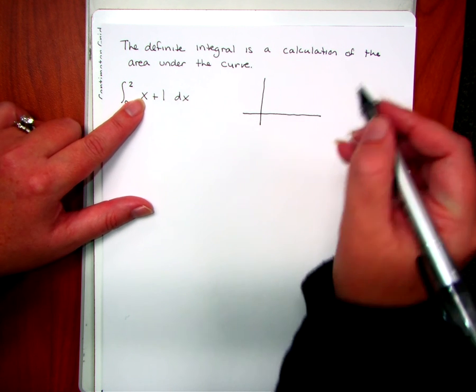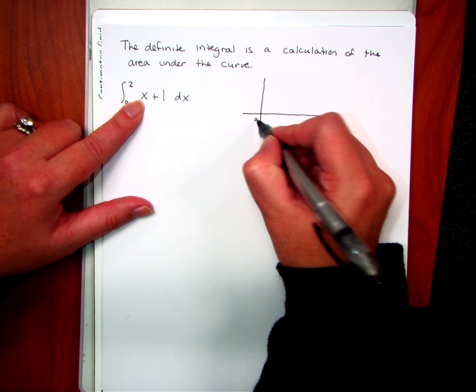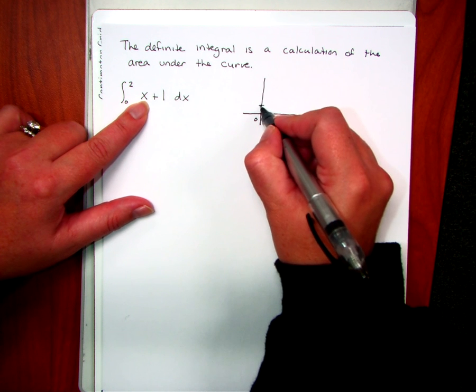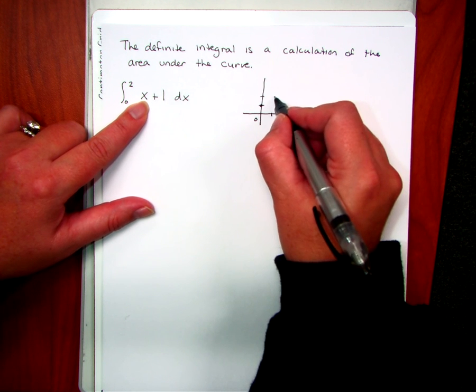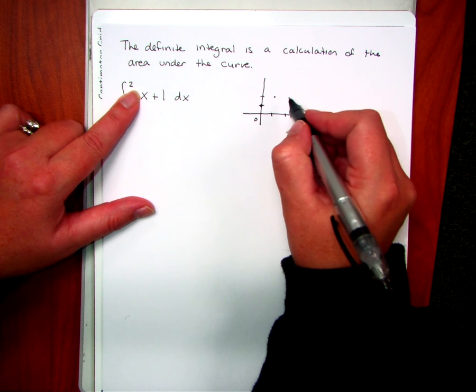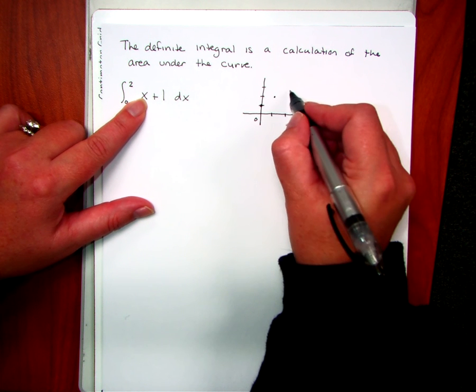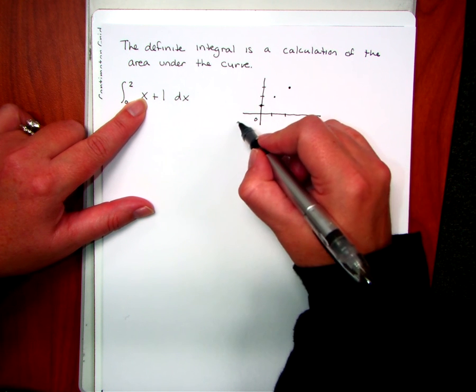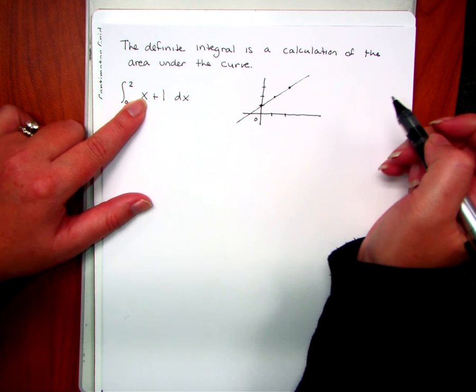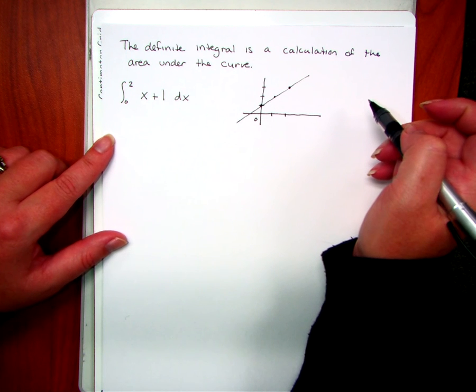X plus 1 from 0 to 2. So if I plug 0 into this function, I get 1. If I plug 1 in this function, I get 2. If I plug 2 into this function, I get 3. So here is my line, x plus 1.